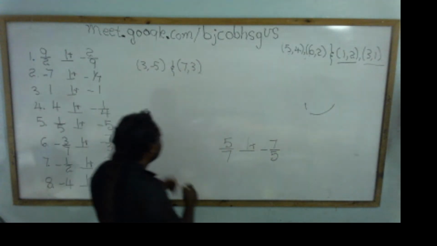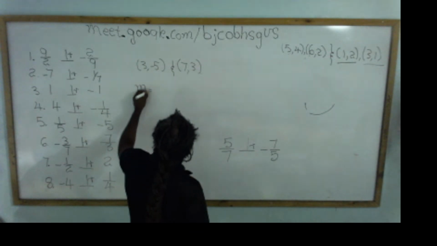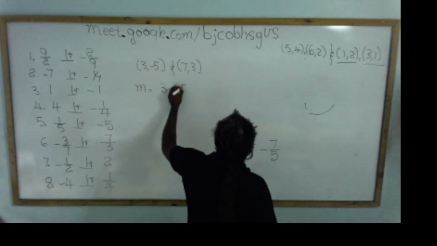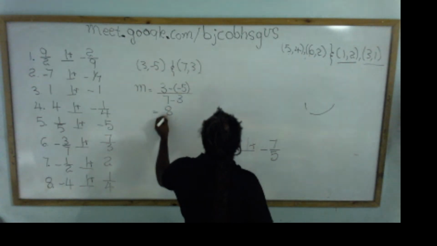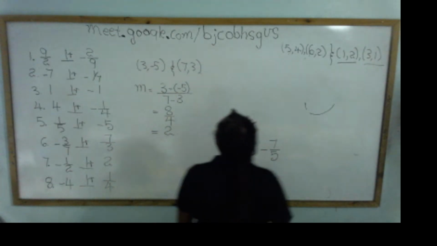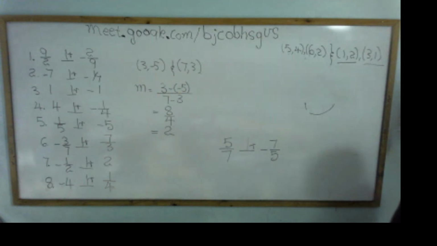Find the gradient. Gradient is equal to y2 minus y1 over x2 minus x1. 8 divided by 4, and that is equal to 2. So that's your gradient.